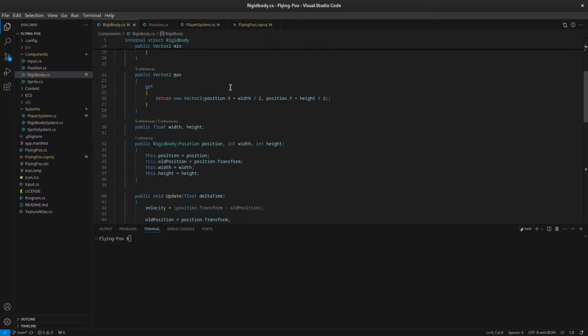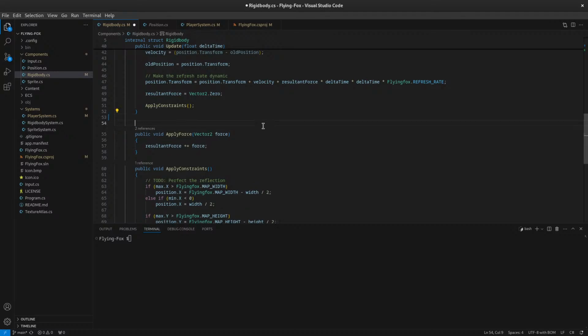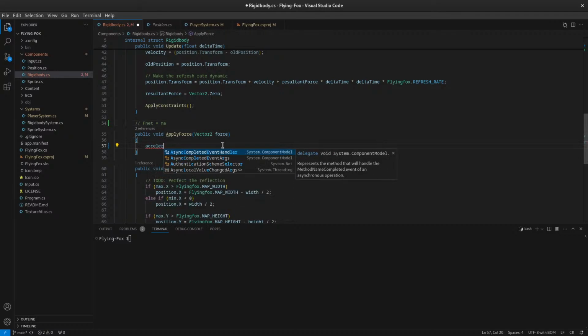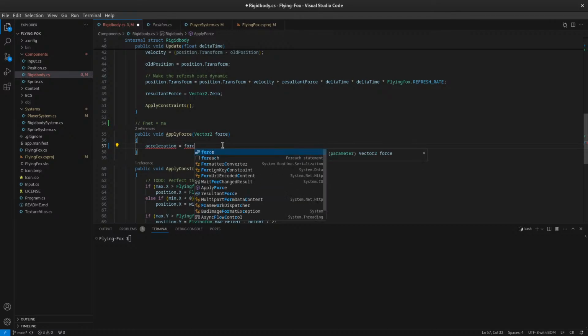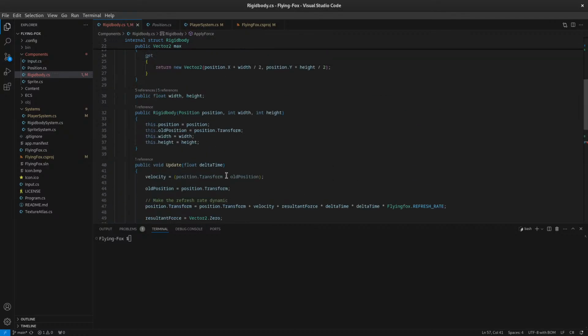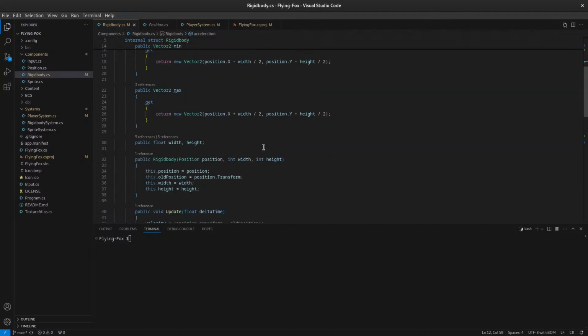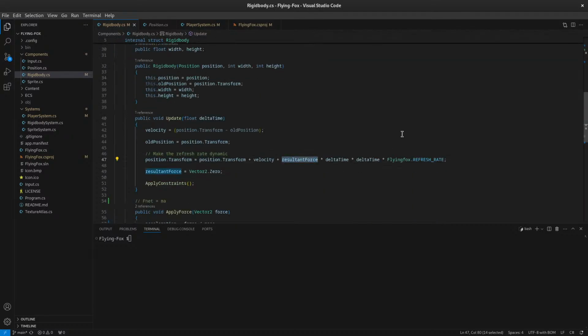So now we want to modify force and acceleration according to F net equals ma. Therefore, we can say acceleration is equal to force divided by mass. Problem is we don't have acceleration yet, so we just create it, put it in here next to velocity, acceleration. And remember to update this part.